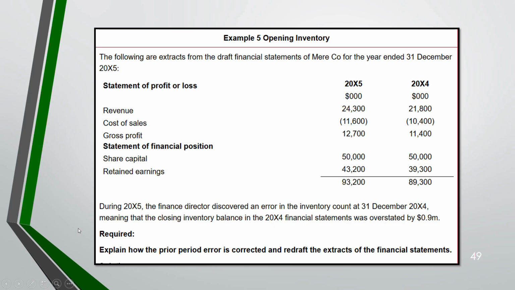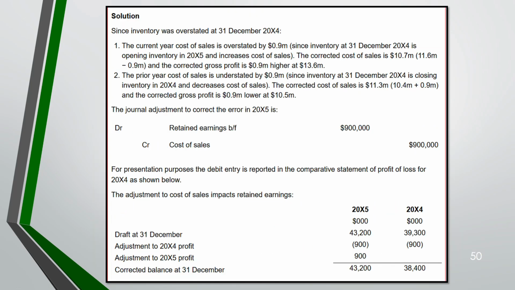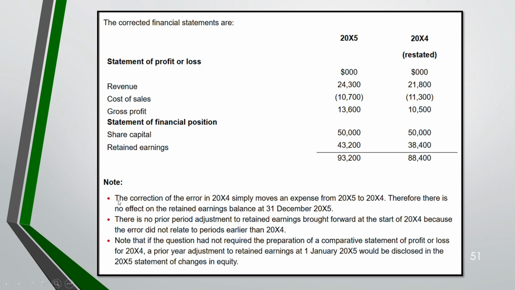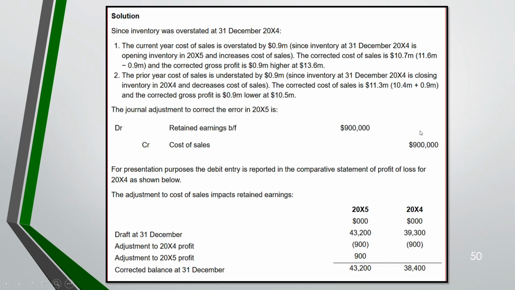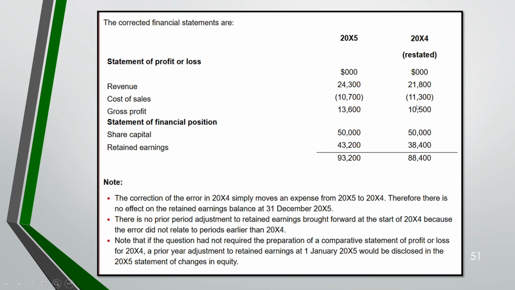So cost of sales was given as 11,600 and we deduct 900 and we are getting 10,700, and here we are getting 10,400 and we are adding the 900 and getting 11,300, and our gross profit changes. And then share capital remains the same and retained earnings only for 2004. This figure will change. It will go down by 900. That is the only difference.